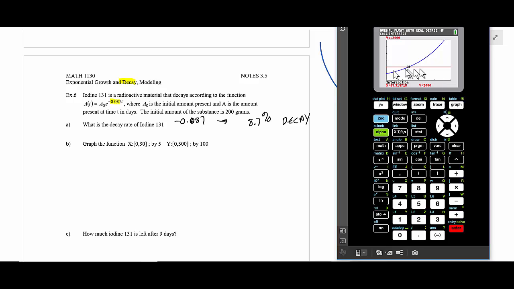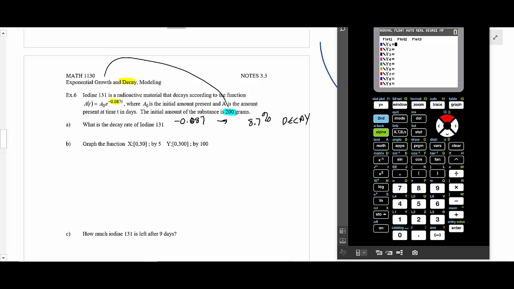A lot of what we're going to do on here is going to be done graphically. So let's go ahead and put this in so you can see what happens. The initial substance has 200 grams, so that's what A naught is. So what you're going to graph is A of t equals 200 e to the negative 0.087 t.